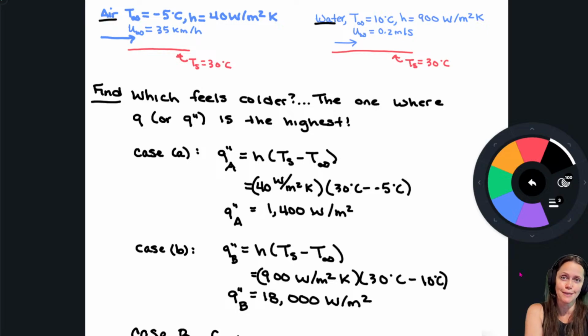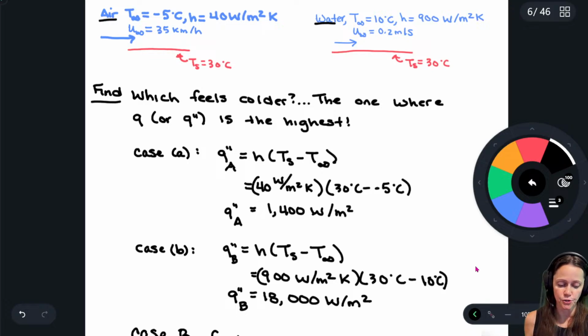It also makes sense when you plug things into Newton's law of cooling, or when you're talking about convection. Bigger delta T, higher Q. So even though you have a bigger delta T for case A than for case B, the free stream velocity for the air is also going faster than for the water.